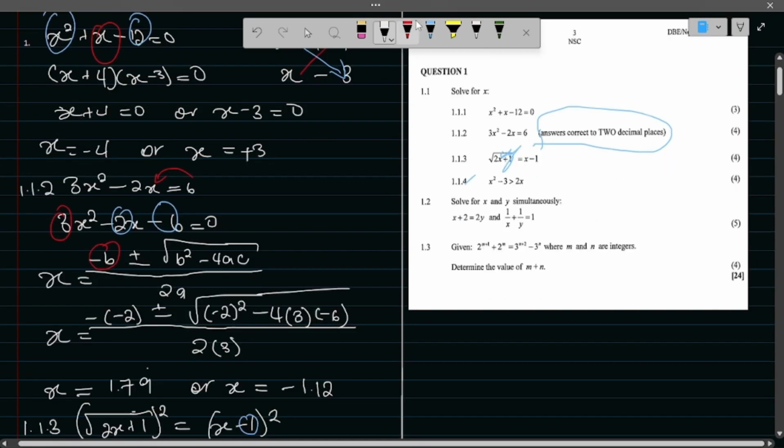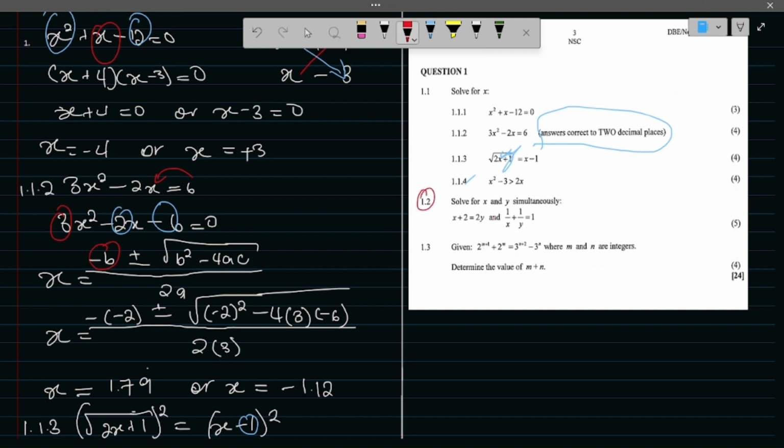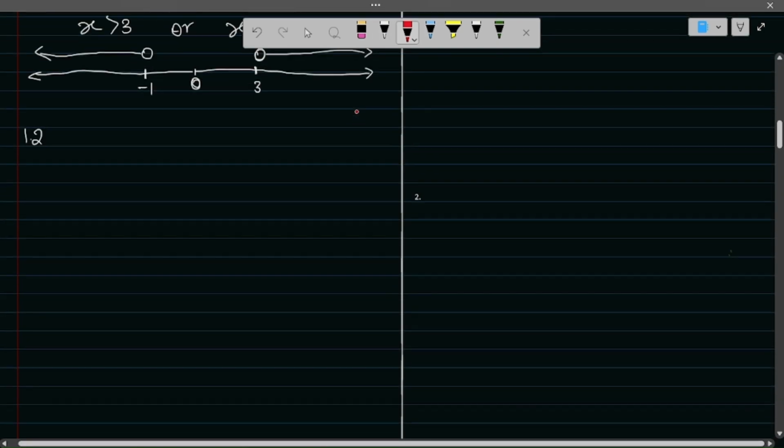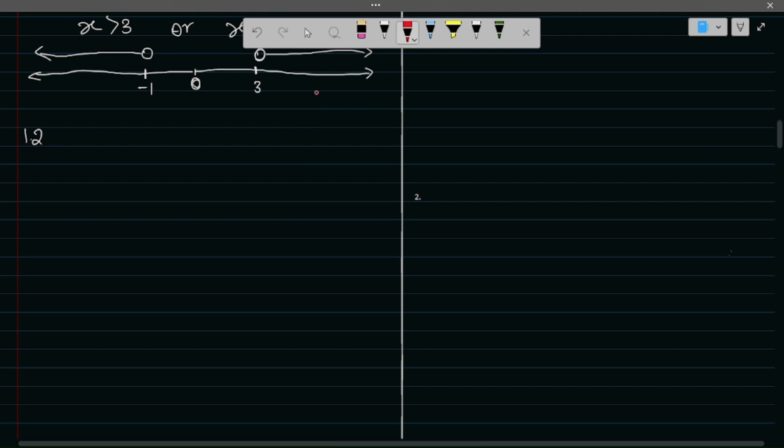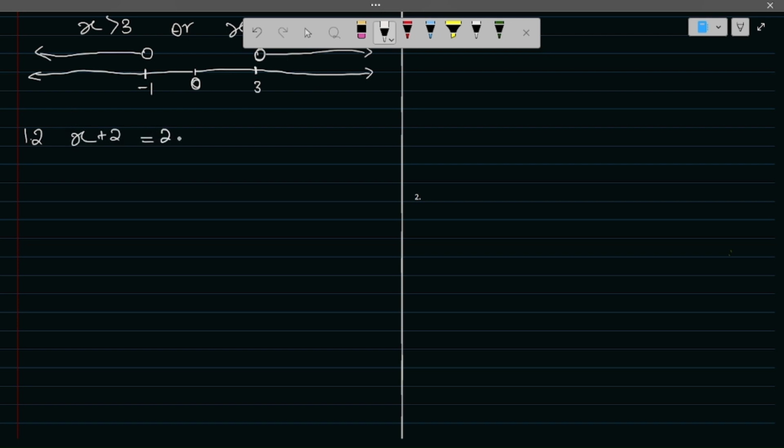You need to solve the simultaneous equations, right? These are simultaneous equations. So let's solve the simultaneous equations, guys. It says x plus 2 is equal to 2y. This is the question.